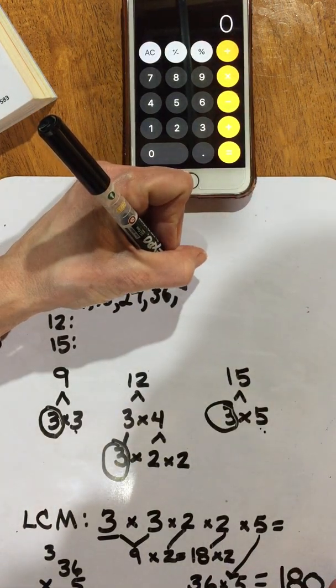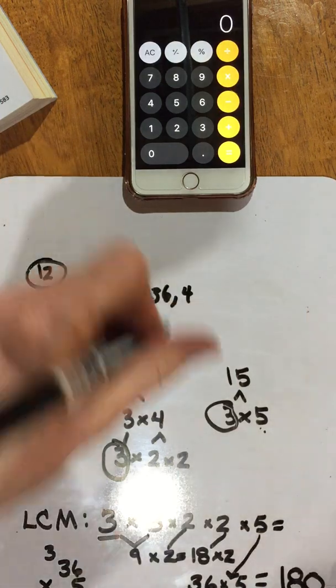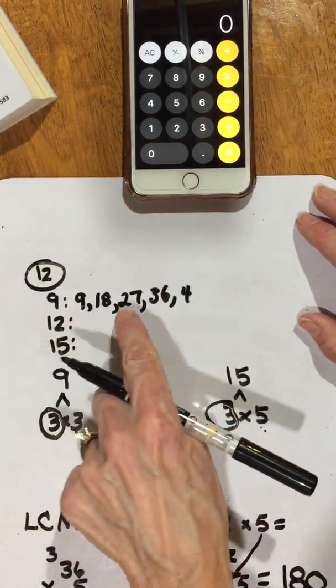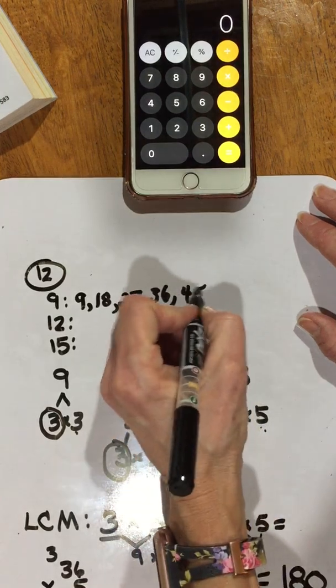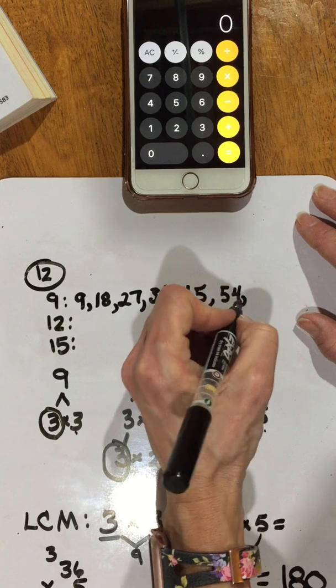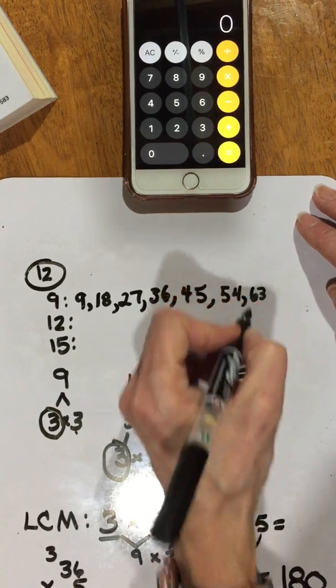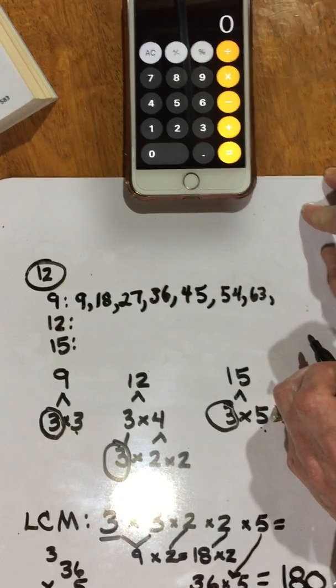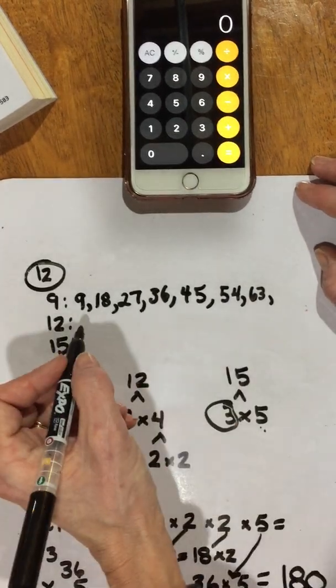I just got distracted. 9 times 1, 2, 3, 4, 5. Oh, easy. 9 times 6 is 54. 63. Oh boy. Look how long it'll take me to get to 180. I think it'll take forever. I don't even want to continue.